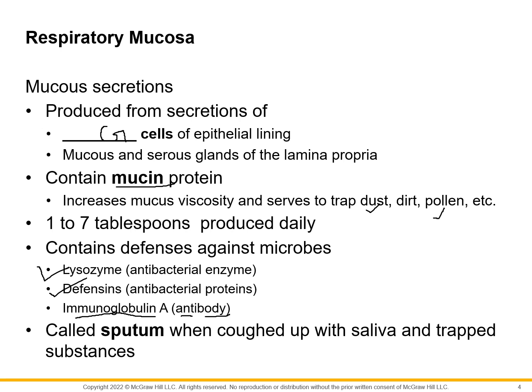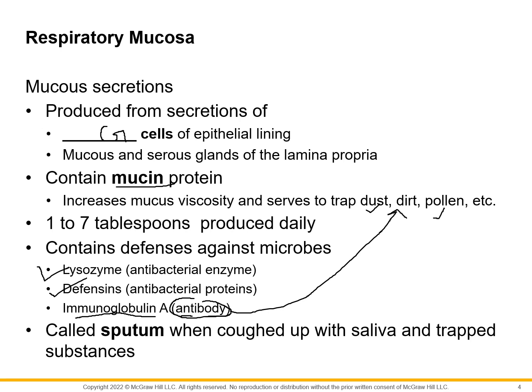So when a foreign molecule enters your body or makes contact with your body, your immune system can produce molecules known as antibodies in response to those foreign molecules. And out of all the types of antibodies that the body makes, immunoglobulin A, which is one of the more generic types of immunoglobulins, is present in mucus.